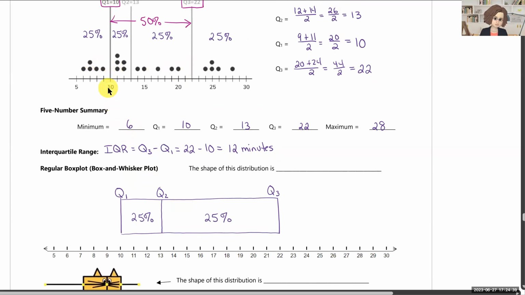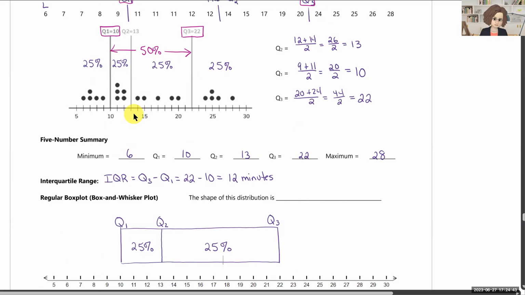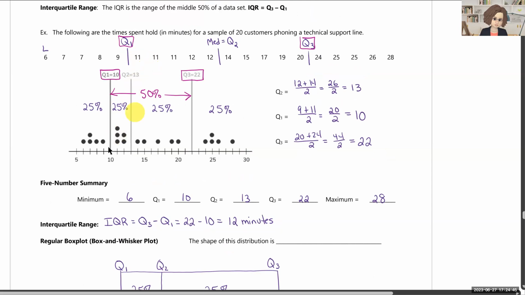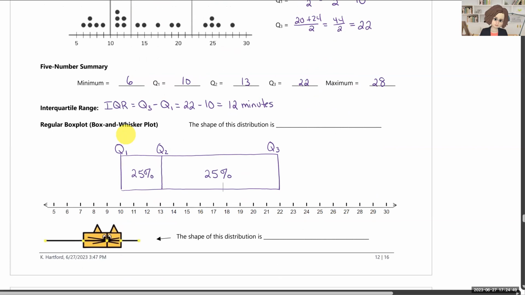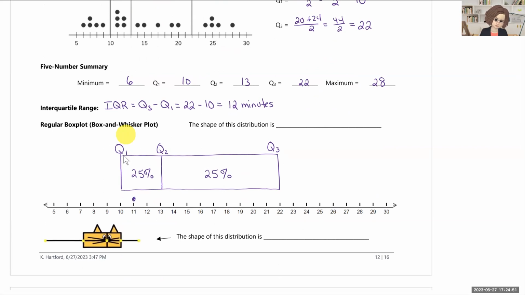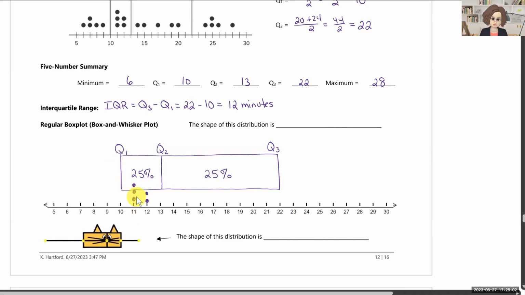So between our Q1 and our Q2, this data was 11, 11, 11, 12, 12. So rather than drawing the dots, the box plot is just telling us that those 5 values are in that region.